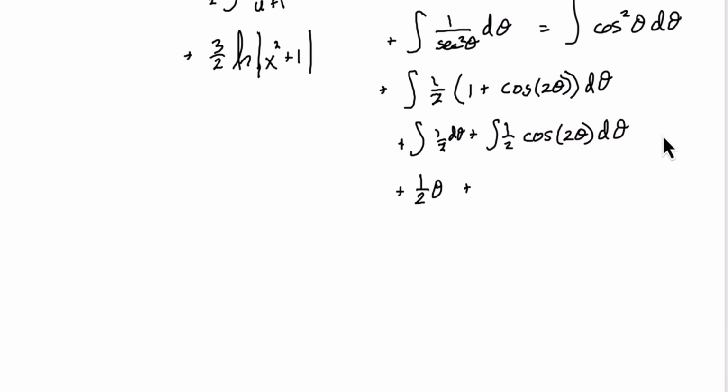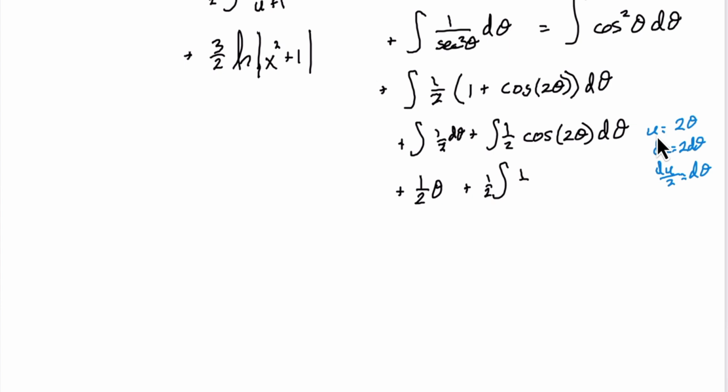Here we again need a substitution. Let's let u be 2 theta. du is then 2 d theta. Divide by 2 on both sides. So this is the integral. I'll pull 1/2 out front.